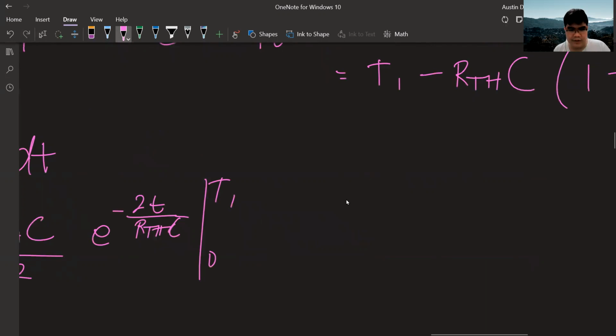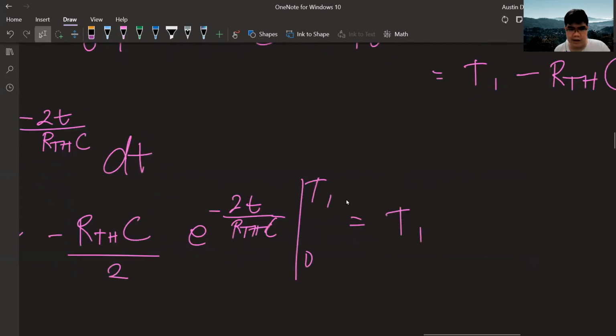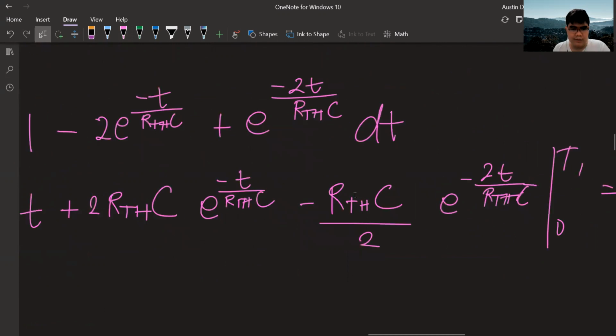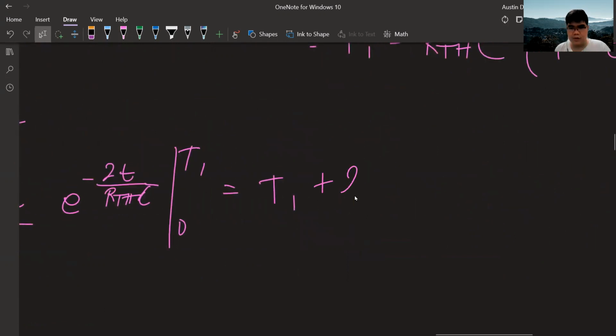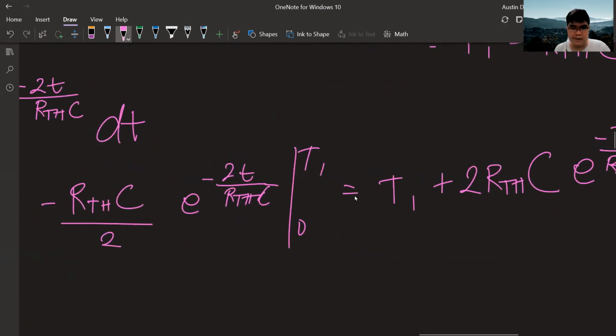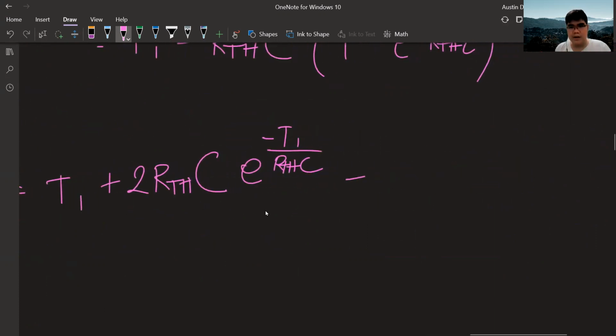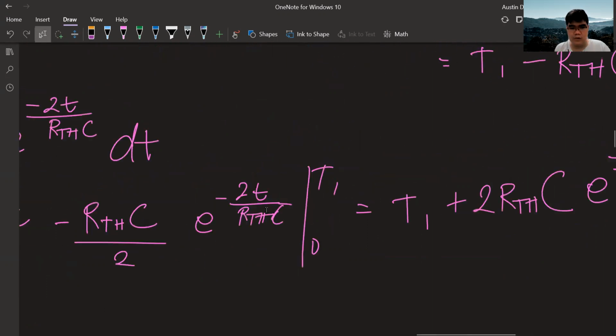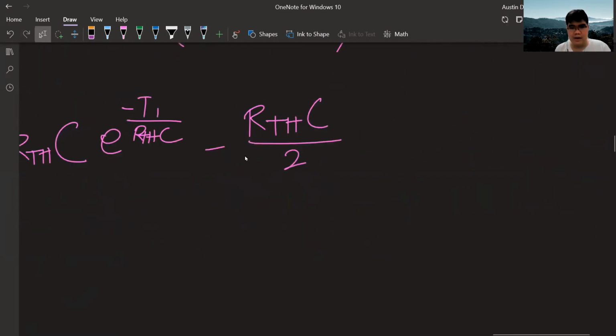Okay, so the t1 is very straightforward kasi plug in lang. t1 plus 2 R_th C e raised to negative t1 over R_th C minus R_th C over 2, evaluated naman 2t1 over R_th C. Haba, no?